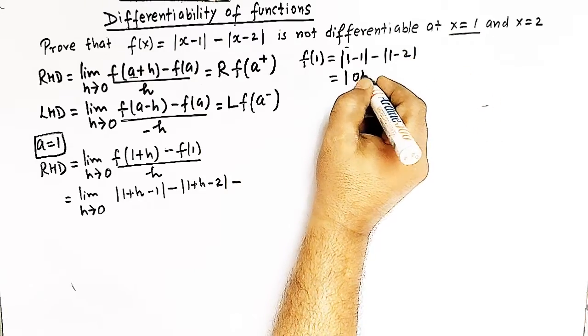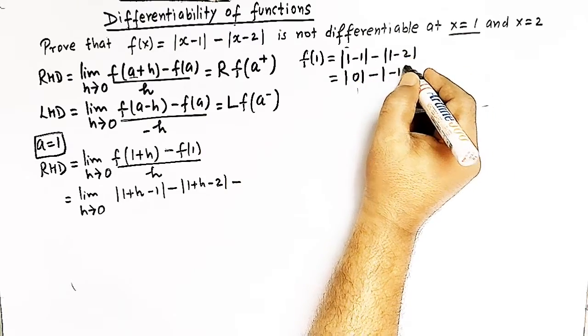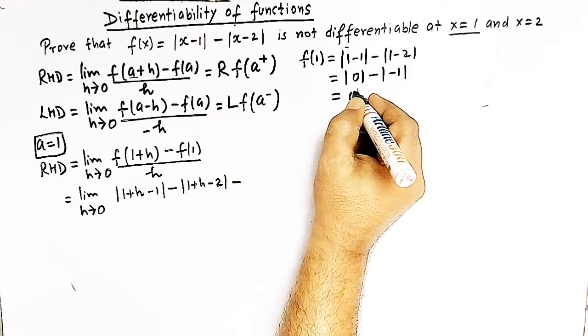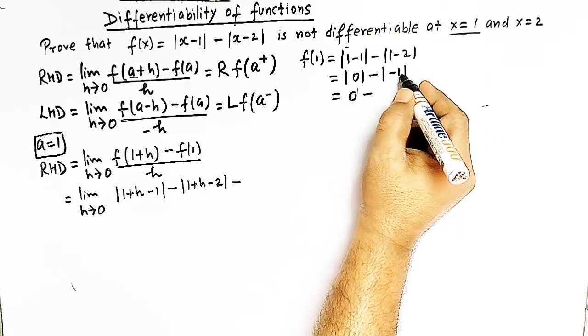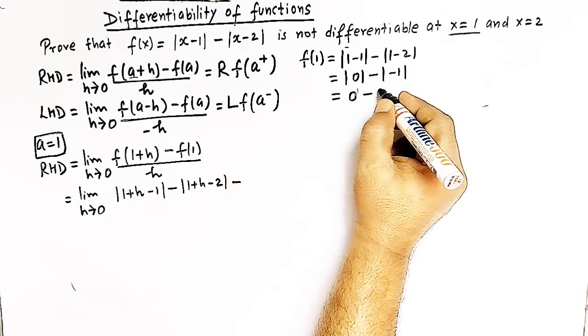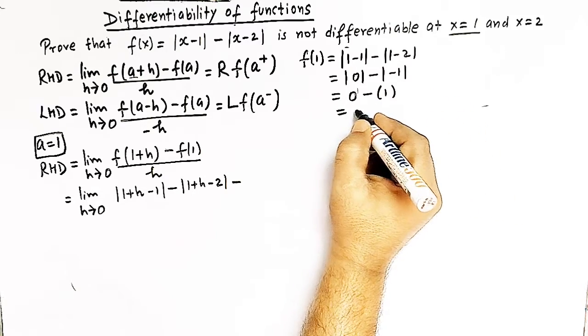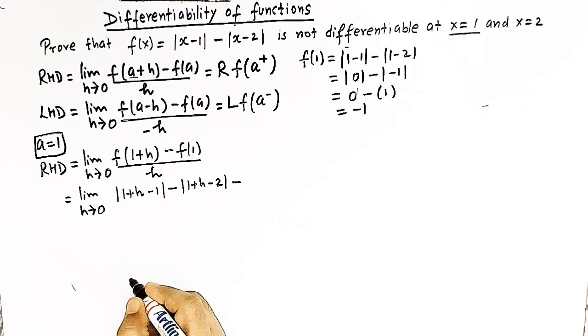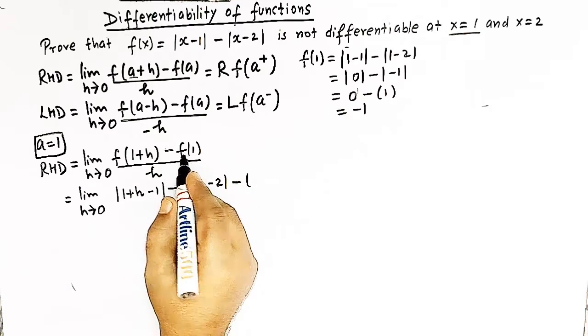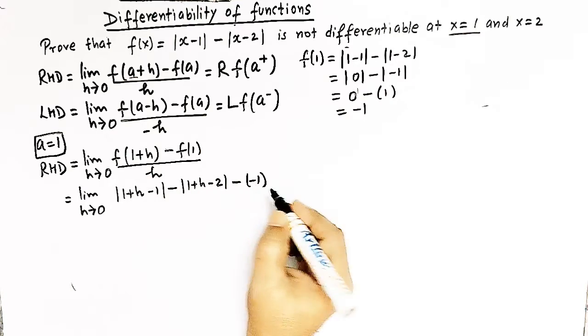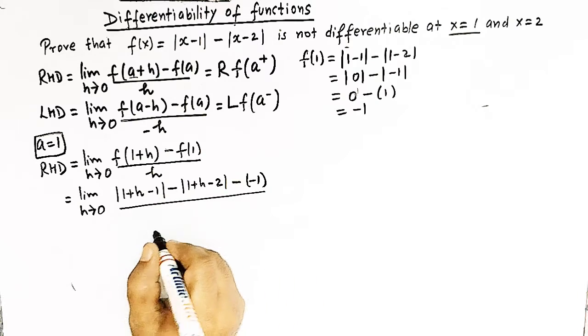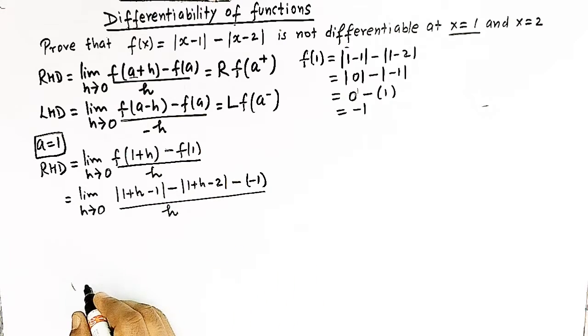So this is mod of 0, minus mod of minus 1, and this is 0. And here mod of minus 1 is 1. So here we have 0 minus 1, that is equal to minus 1, right? So here we have f of 1 as minus 1, and in the denominator we have h, right?